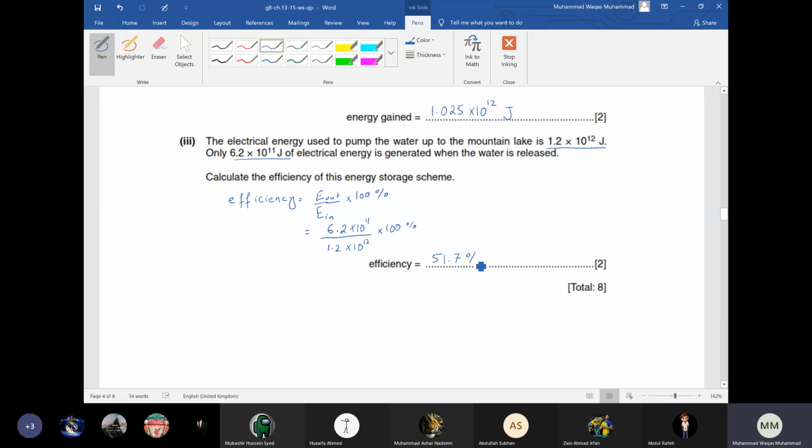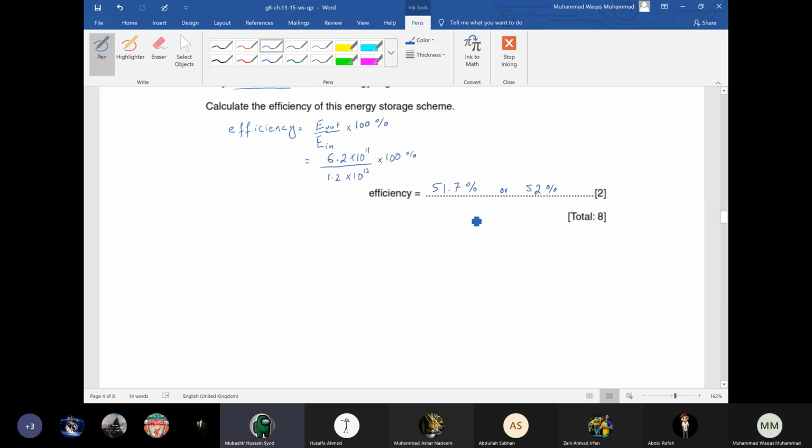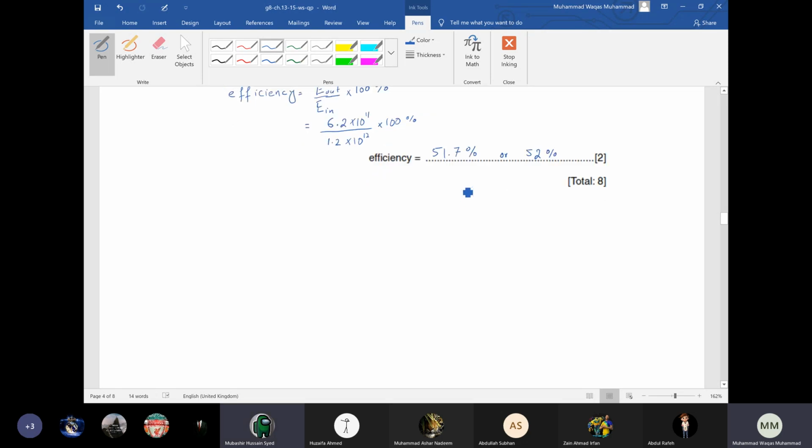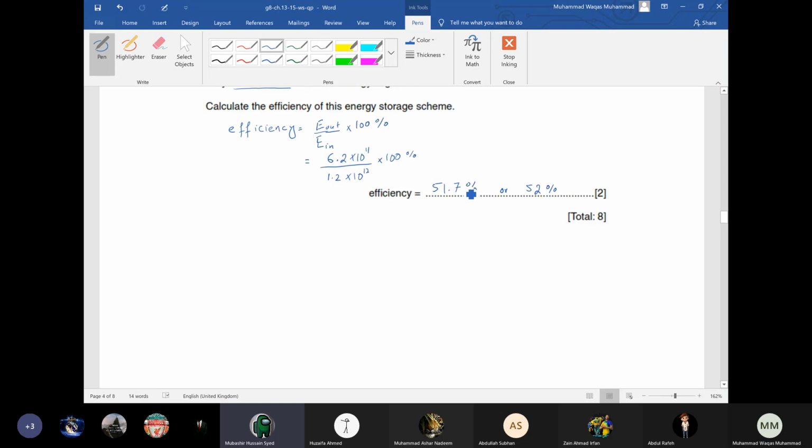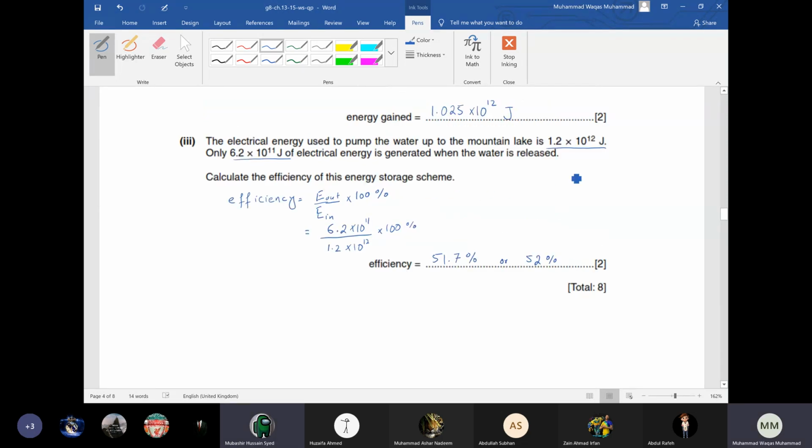So if you round it to three significant figures, you can write 51.7%, or if you want to write the answer in two significant figures, you can write 52%. Okay, beta? Sir, after the sixes, there's 7, sir. Yes, so beta, if there is 666, and you want to write till three significant figures or one decimal place, you can write 7. Right? Yes, sir. 51.67. Got it or not, beta? Done? Yes, sir, done.